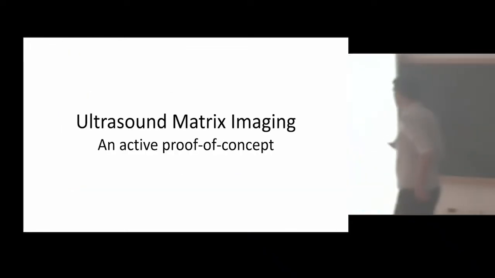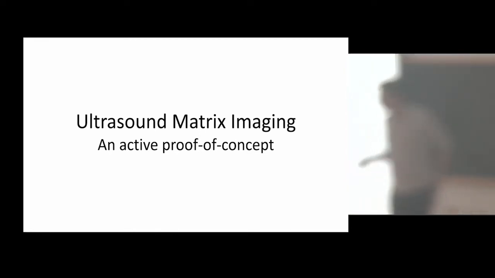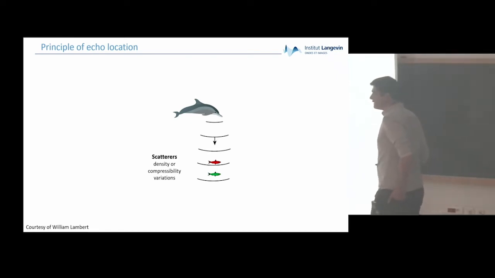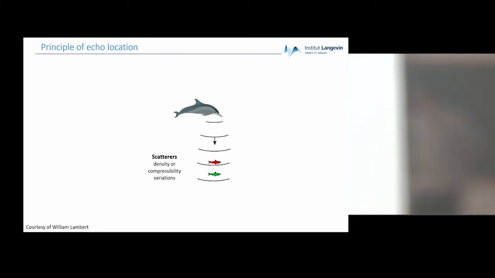Okay, so let's start with ultrasound imaging. I start from the basics: how to build an image. Imagine that you have this dolphin in the Bay of Cargès, or Matthias, before he had his time reversal mirror. He was just shooting to detect the merou that was hidden in the rocks.